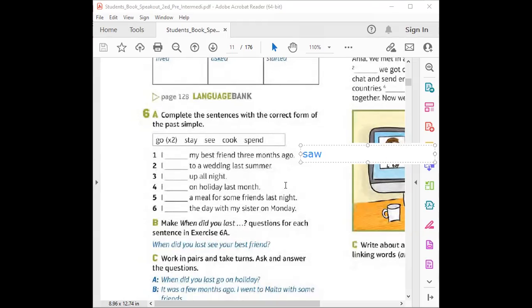Who wants to do number 2? Sarah, Leila? I will do it. Okay, please. I went to a wedding last summer. That's correct, thank you. Can you do another one as well?